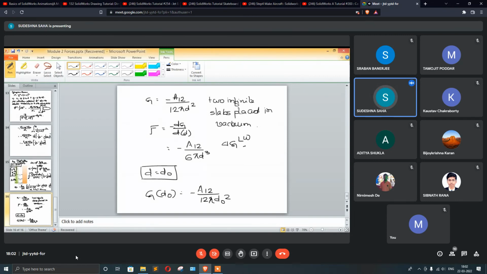You can write it in terms of G(d naught) minus G(infinity), which will be equal to minus A12 divided by 12 pi d naught square, which is nothing but gamma 12 Lifshitz van der Waals interaction minus gamma 1 Lifshitz van der Waals interaction, and minus gamma 2 Lifshitz van der Waals interaction.